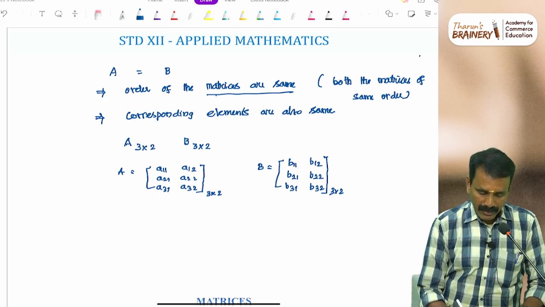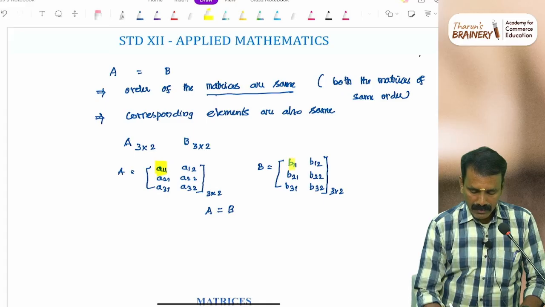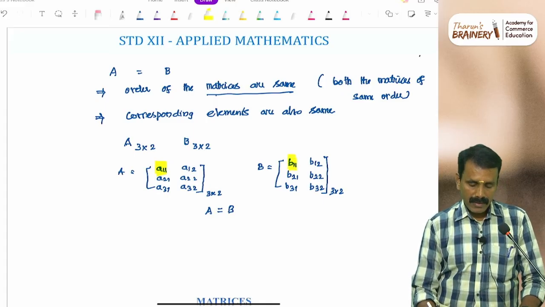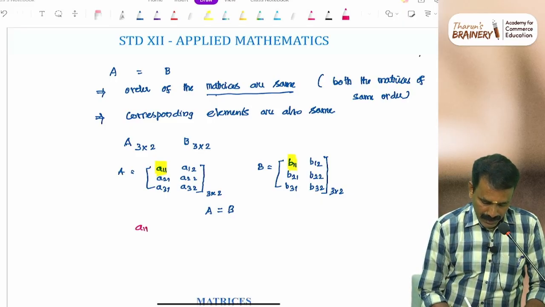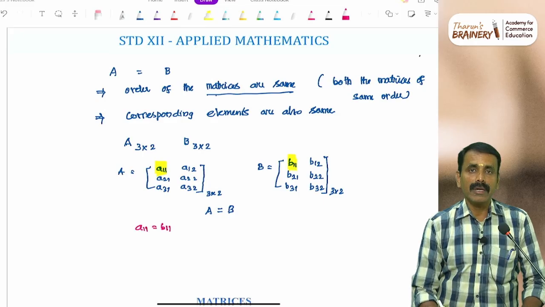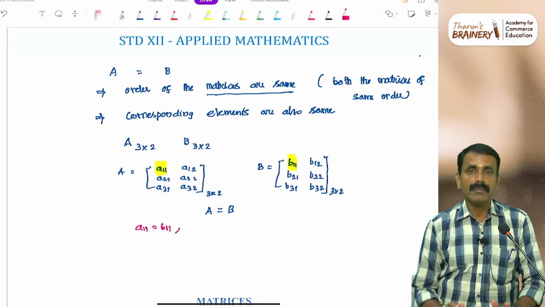A is equal to B when the first row first column element of A is equal to the first row first column element of the matrix B. That is, A11 should be equal to B11. Not only that particular element, all the corresponding elements must be equal.